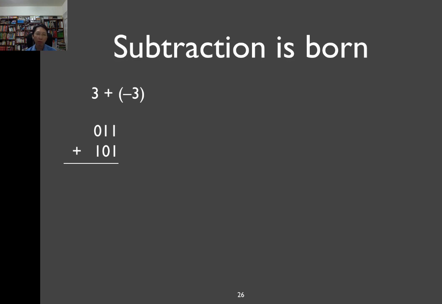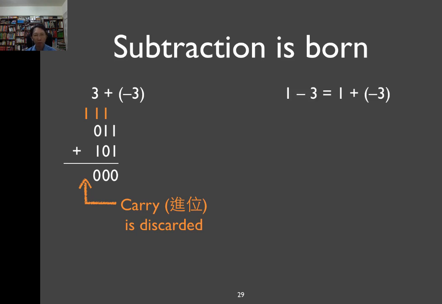According to the circular diagram, we know negative 3 is 101, and 3 is 011. Let's do this addition. First digit we got 10. Second digit we got 10. The third digit we got also 10 with carry. The carry is discarded, so the result is 0. 3 plus negative 3 is indeed 0. Let's see another example. 1 minus 3.